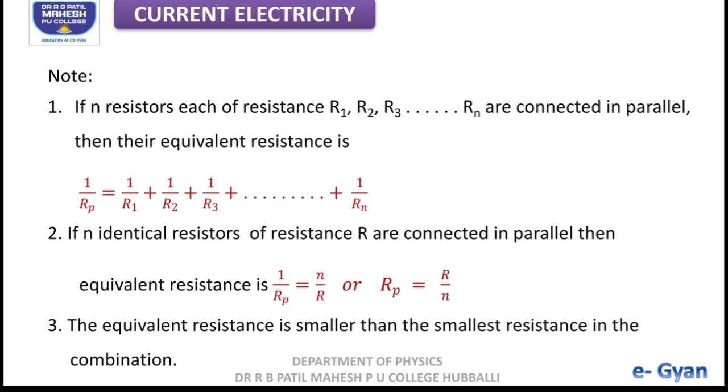Whenever you calculate the value of equivalent resistance of parallel combination, it is always smaller than the smallest resistance in the combination. These are the few important points which are related with parallel combination of resistance.